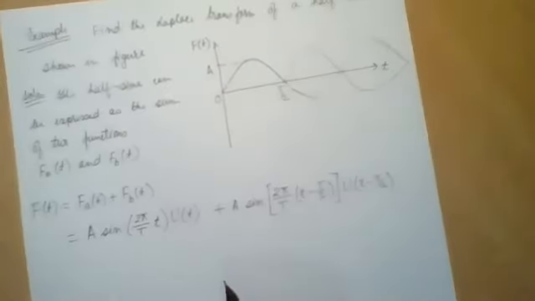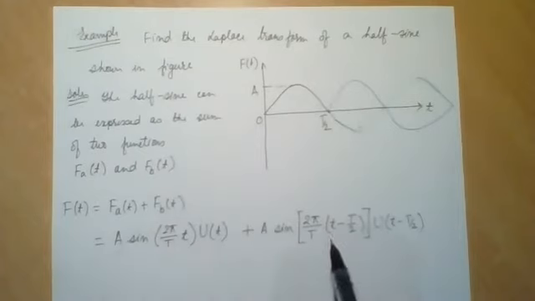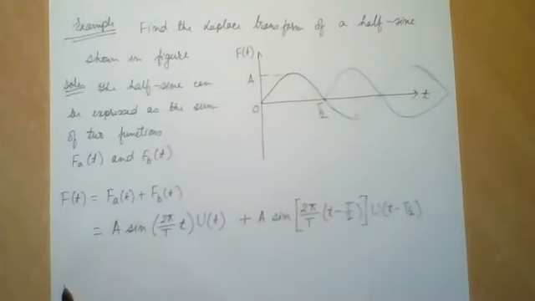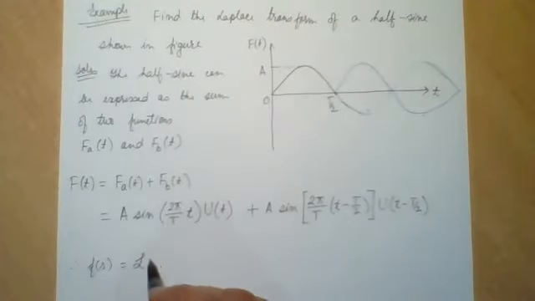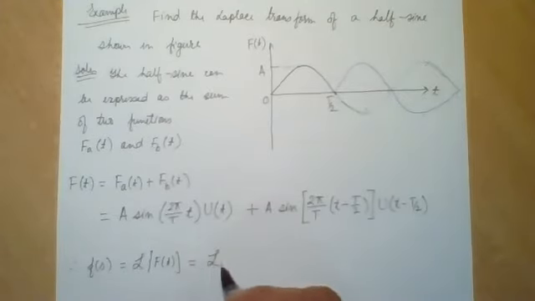Okay, so let us take the Laplace transform of this. Therefore, F of s, that is the Laplace transform of f of t, is equal to the Laplace transform of the first term.